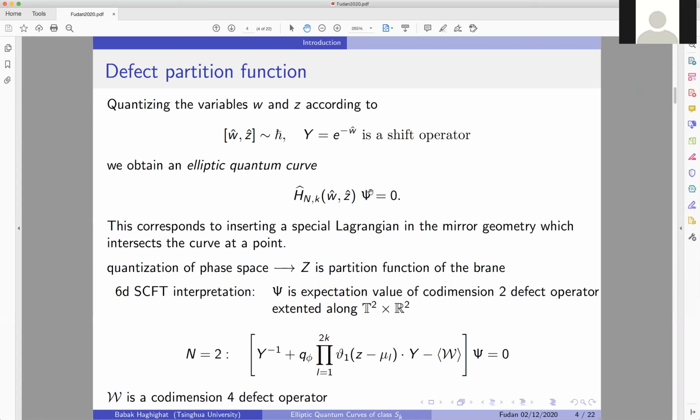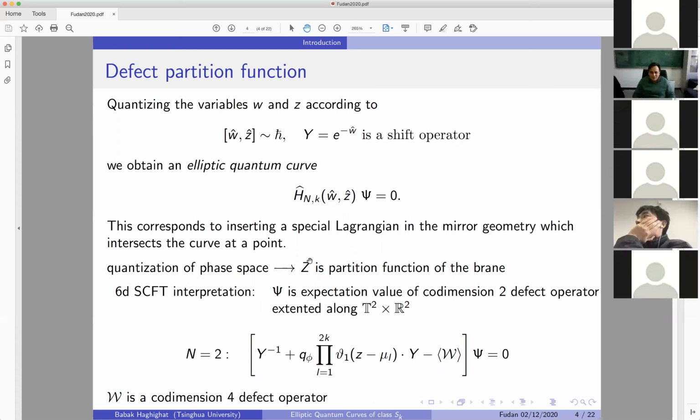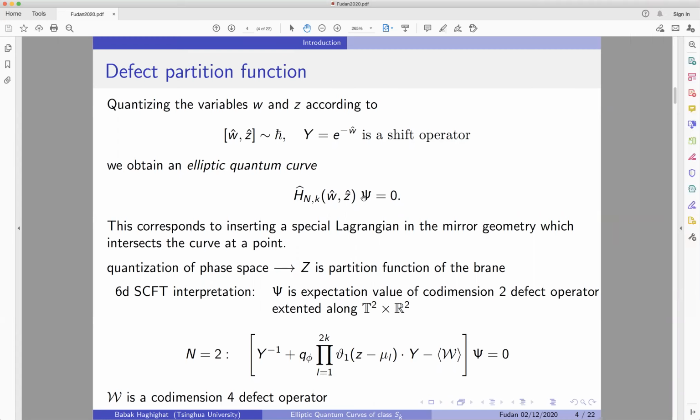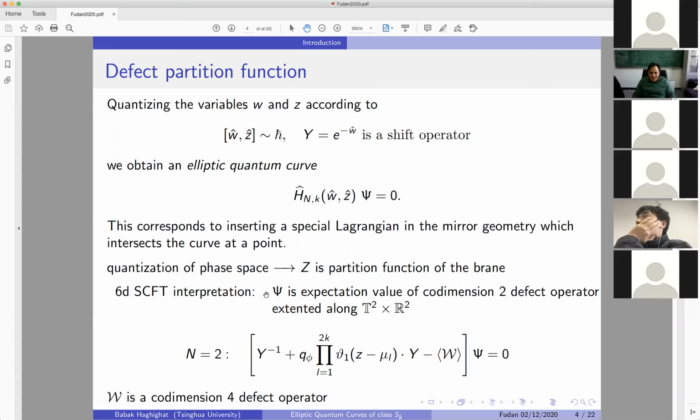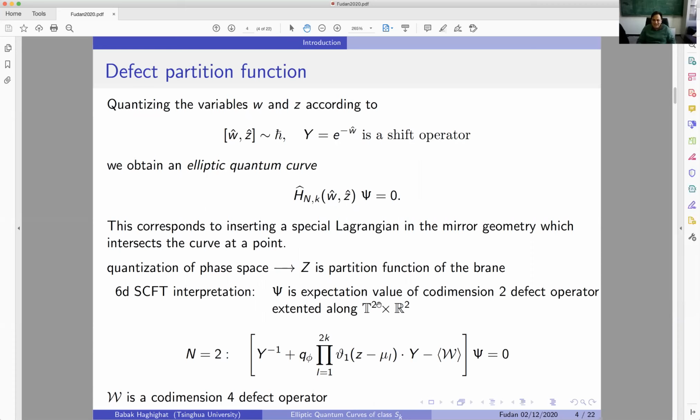Here I call it z, but basically I label it now with this psi variable, and in the original interpretation, as I said, this will correspond to a defect operator extended along T2 times R2 and localized at a fixed point, because the geometry is T2 times R4.